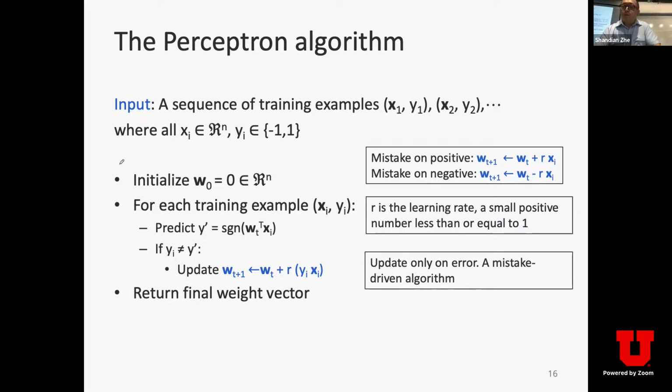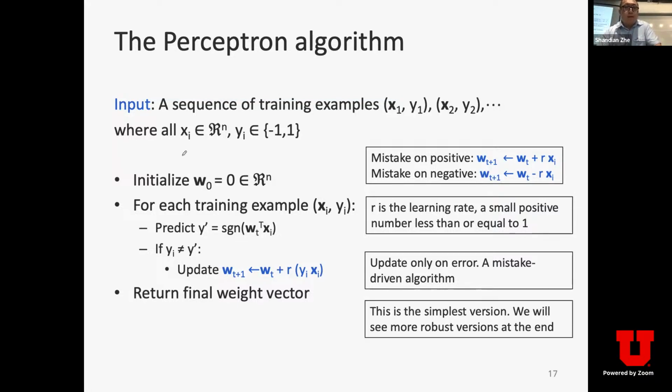If my current weight vector works well, I don't do any update. If it makes a mistake in predicting any training example, I update my model parameters. And this is the simplest version of the perceptron. Later when we talk about practical variants, we'll see several more robust variants.